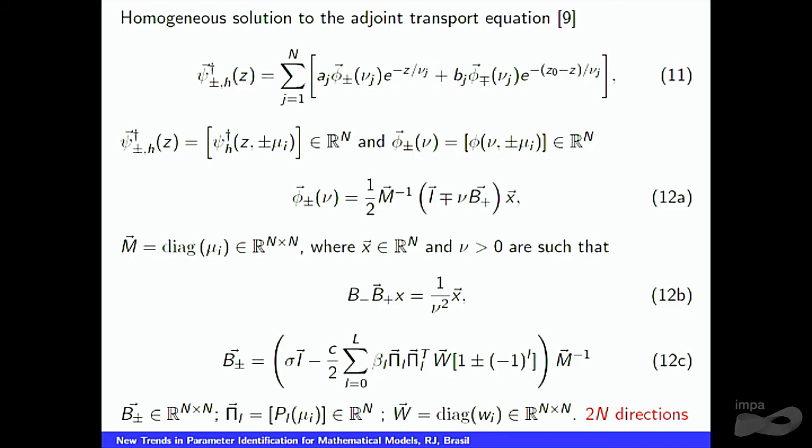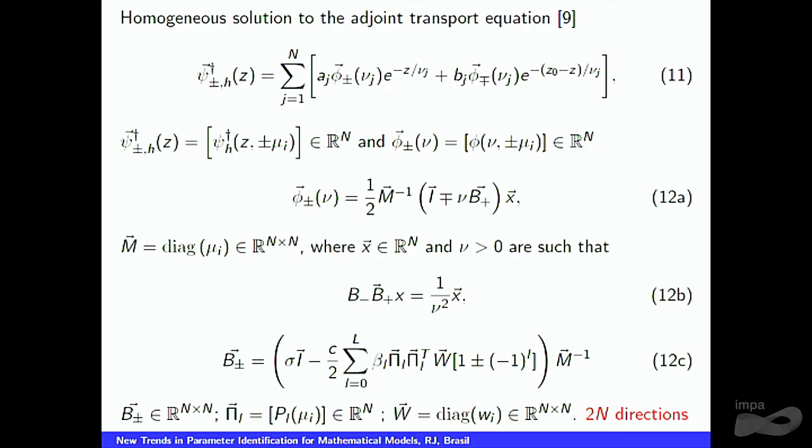We derive this problem. One interesting point is that the matrix that defines the eigenvalue problem depends on the quadrature scheme that I used to discretize the angular term of the integral in the integro-differential equation, and the choice of this quadrature scheme is relevant in the derivation of the eigenvalue problem.